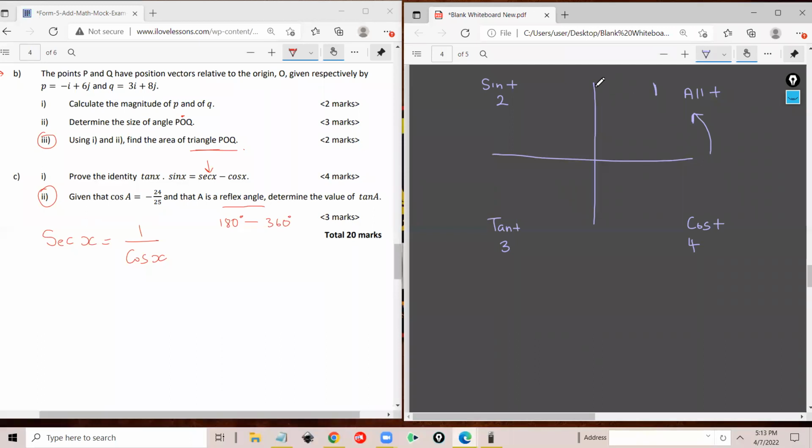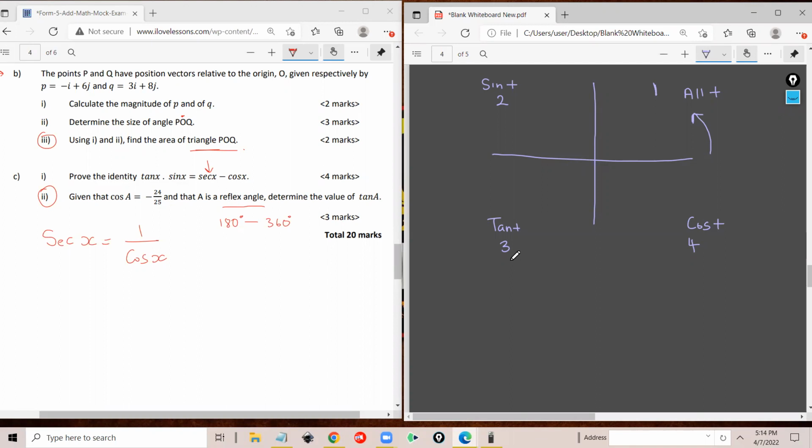So here's 90 degrees, 180, 270, and 360. They said it's a reflex angle, so that means it's between 180 and 360. So we are talking about either quadrant 3 or quadrant 4.